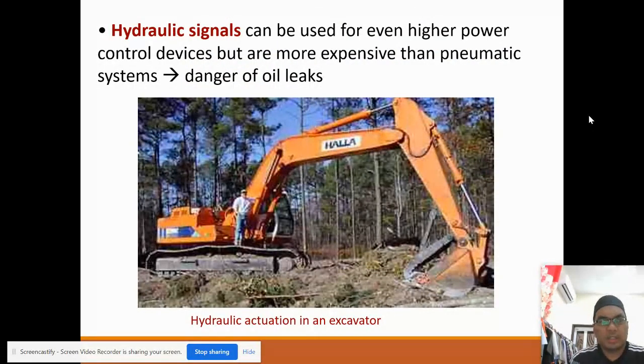Okay, so this is on the hydraulic. It can be used for even higher power control devices, but it is more expensive than the pneumatic system.